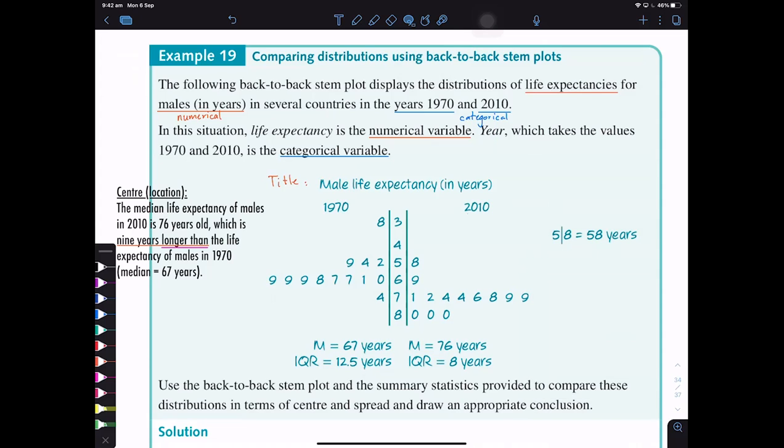It says it at the top: in several countries in the years 1970 and 2010. Right. Are we comparing 1970 and 2010 though? Yeah, the IQR. The life expectancy.